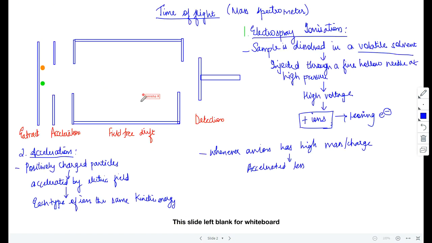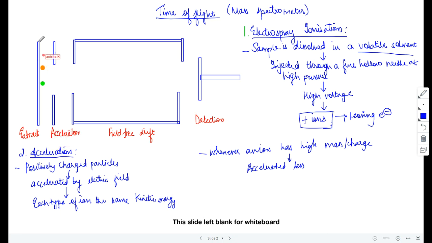Moving on. Third one we are going to talk about is ion drift. What is happening with an ion drift? Now, this is the field free drift, right? Substance is coming, it has passed through the acceleration point.